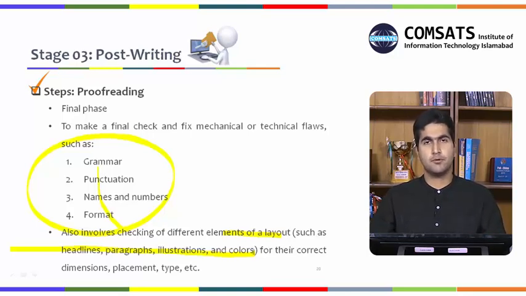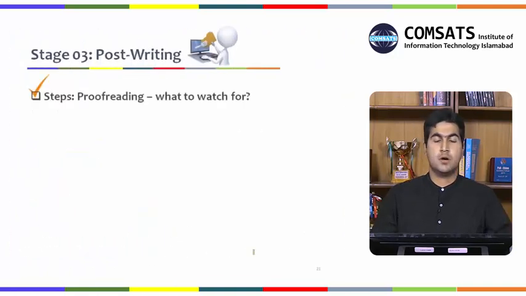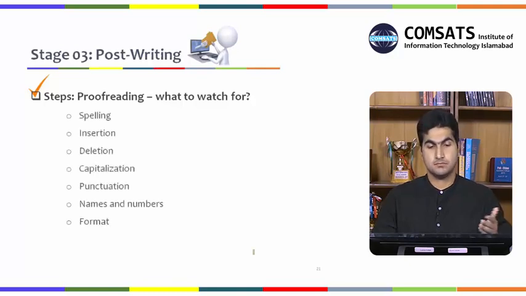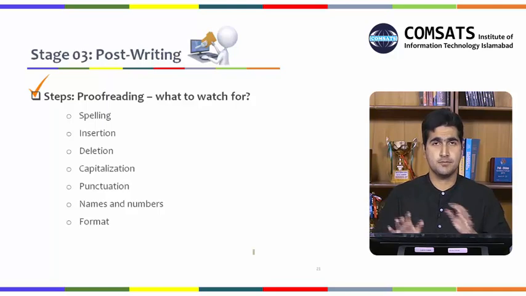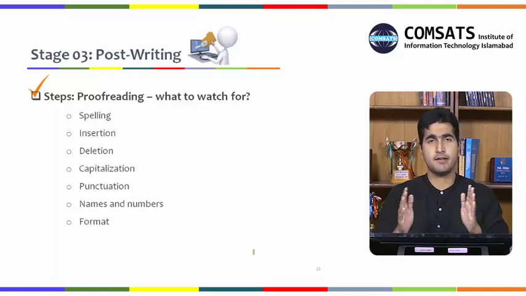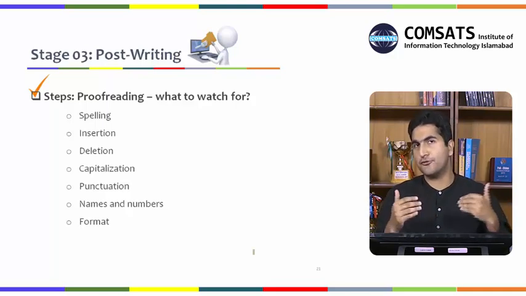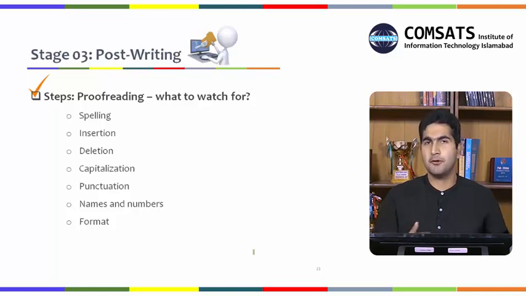This is also a point to be noted here, as you will see in the upcoming slides as well. Now, what to watch for when we talk about this step of proofreading? These are the things that you are basically checking within the final content, which has gone through the stages of responding, revising, editing, and now the stage of proofreading.